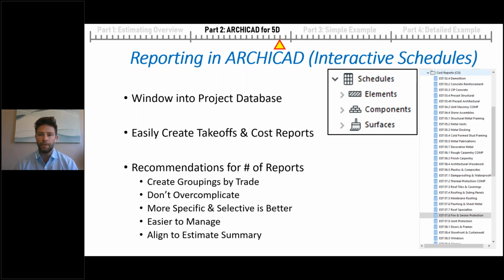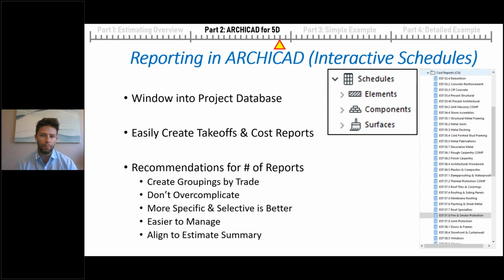And when we start thinking about how we use these reports for takeoffs, really I always fall into the practice of creating these reports based around groupings of work. And I think that grouping these takeoffs based off the different trades of construction is ultimately the most beneficial way of doing this. It helps really organize your model and prepare for taking those takeoffs and linking them into estimates.